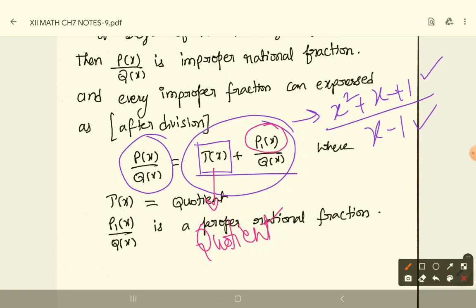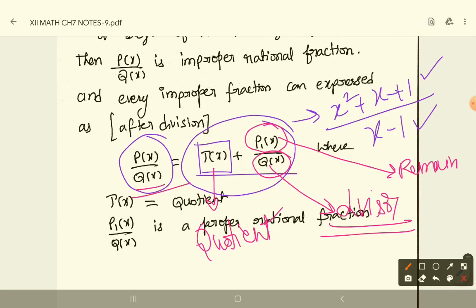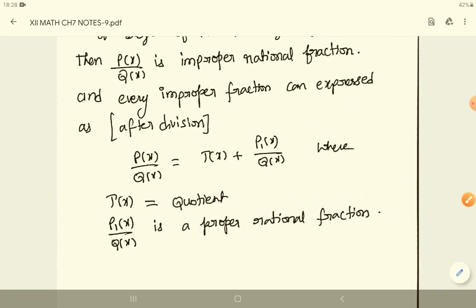P1 of x is the remainder of the division. And q of x is the divisor. So if you write like this, then every improper fraction can be written as the sum of a polynomial and a proper fraction.